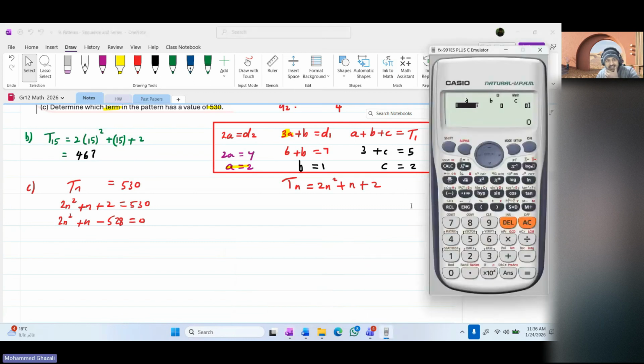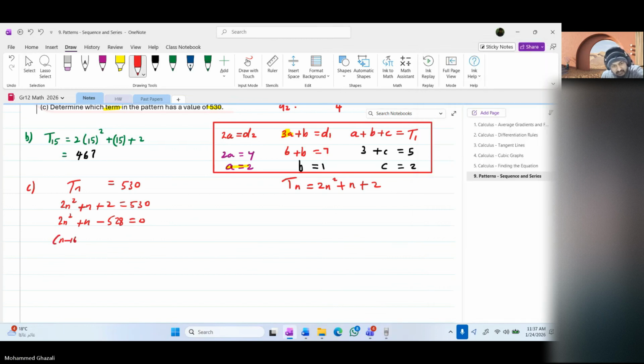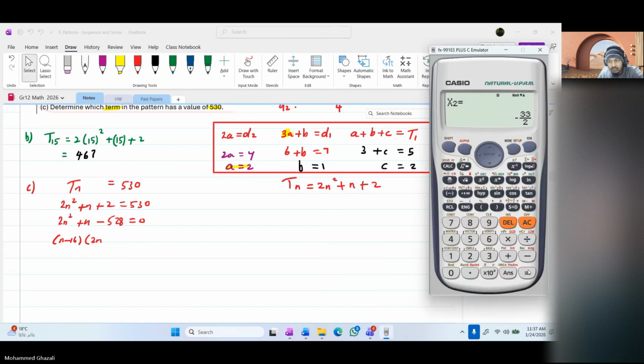So if you solve this, you got 2, 1, negative 528. Okay, I'm getting 16. So I will say n minus 16, and then 2n plus 33 is equal to 0.